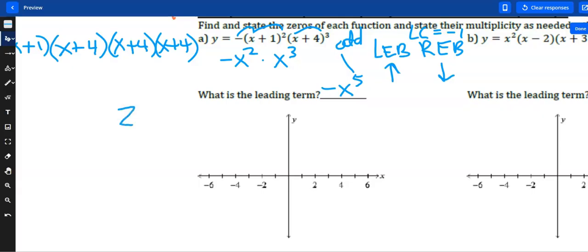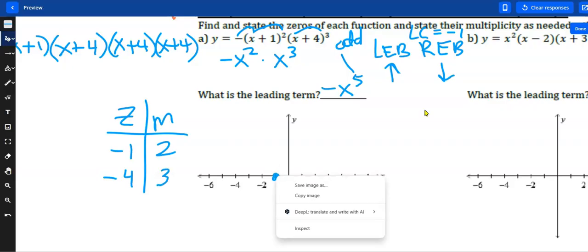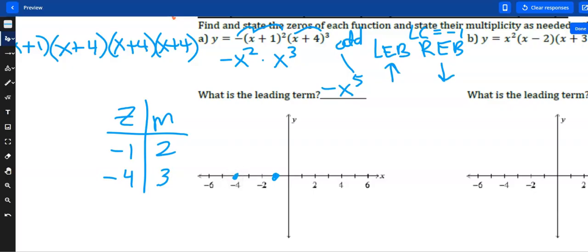And then, once again, let's make my table, my zeros and my multiplicities. We have -1 that occurs twice, and -4, which occurs 3 times. At the outermost zeros, I must attach my end behavior.